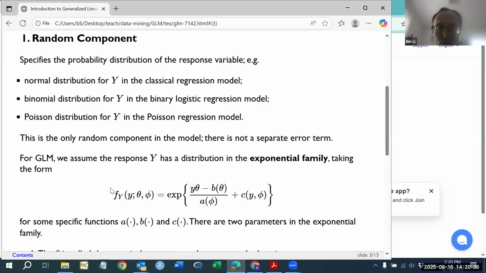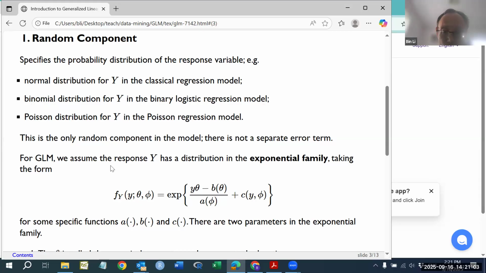And these distributions need to satisfy a certain condition: the distribution has to belong to a family called the exponential family.